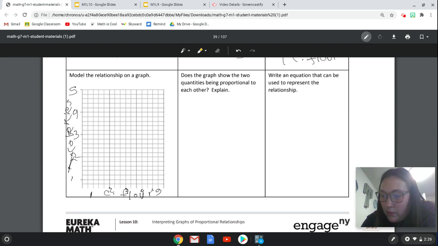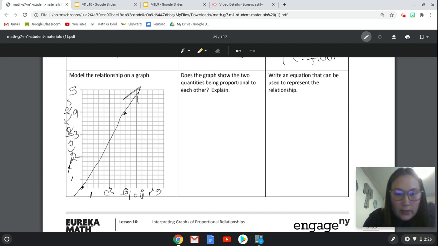And so I know that there's 3 cups of flour, that is 4 dozen cookies. And if there's 0 cups of flour, you're going to have 0 dozen cookies. And I'm just going to go ahead and connect that, and that would be our line.